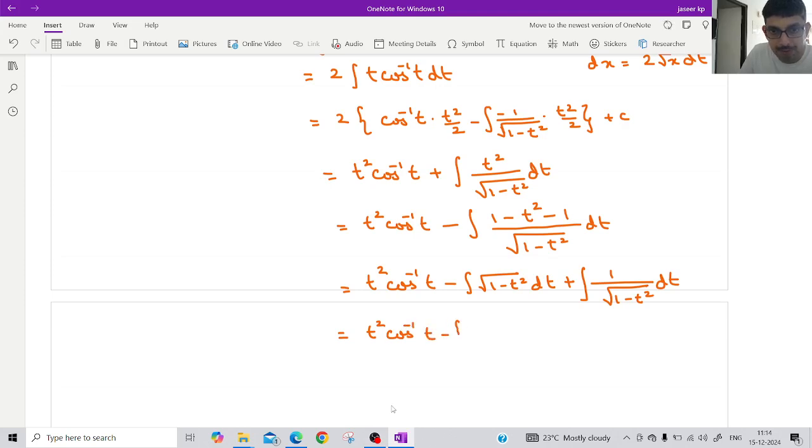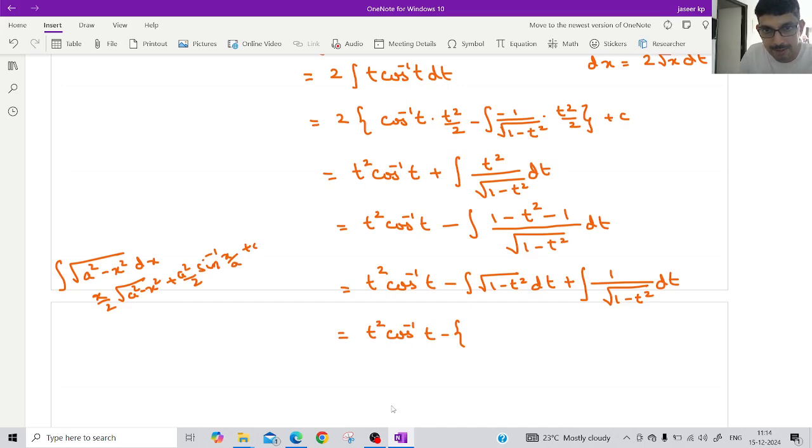This is using the formula of integral of root of a square minus x square dx, that is x by 2 root of a square minus x square plus a square by 2 sine inverse x by a plus c.